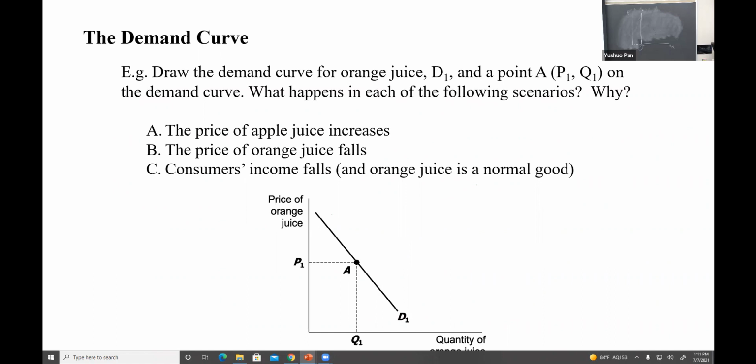Let's take a look at A first. What happens in each of the following scenarios if the price of apple juice increases? Again, for this picture, that's the demand curve for orange juice, all right? This is orange juice, and for A the price of apple juice increases. What will happen?